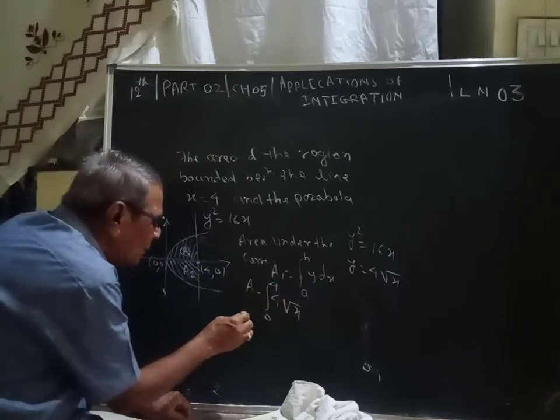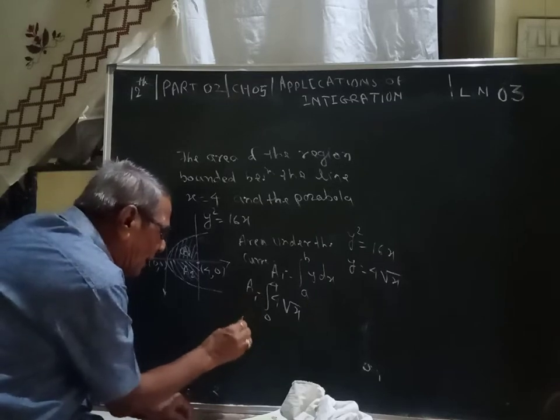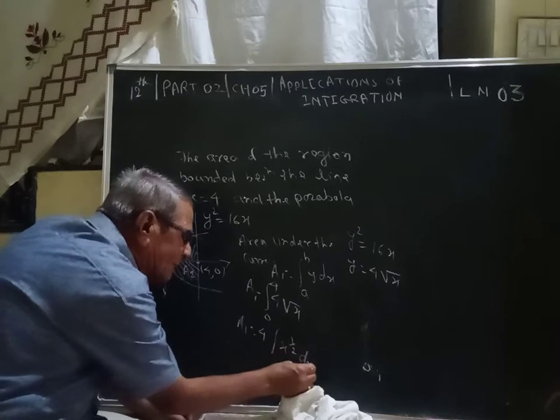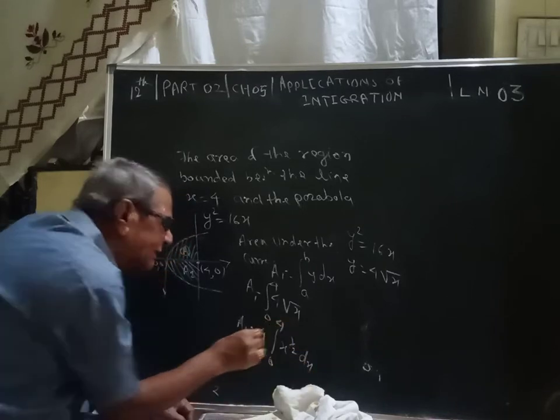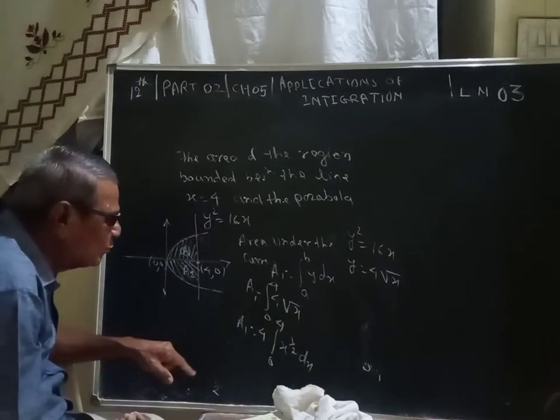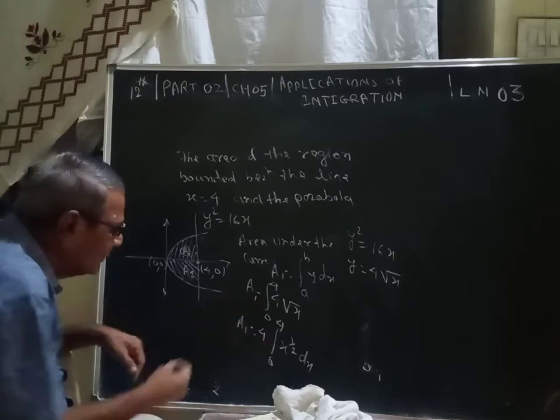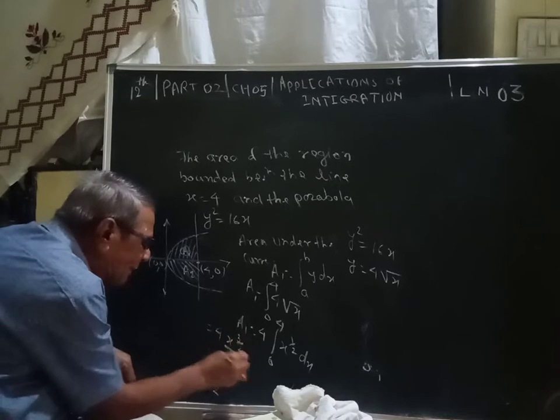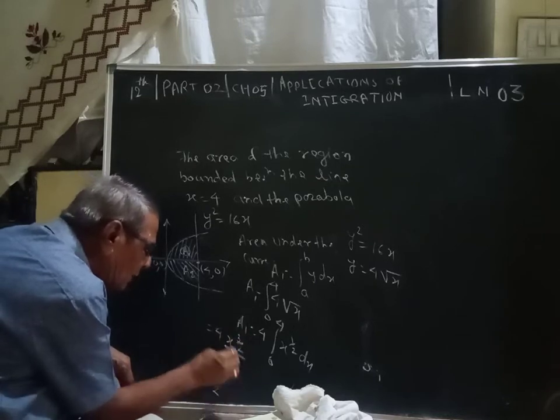So A1 is equal to 4 into integration of x raised to 1 by 2 dx, 0 to 4. मला वाटतं एक्सरसाइज मध्ये एक्झाम्पल आपण सोडवलं. 4 बाहेर काढला. So it has to be 4 x raised to 3 by 2 upon 3 by 2.